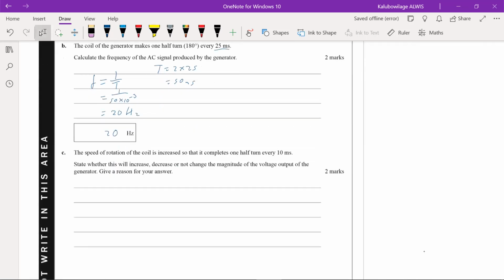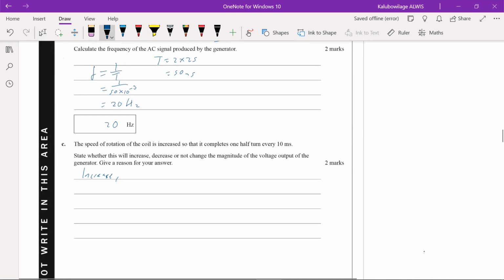The coil now completes a half turn in less time, so this will increase it. You look at the formula.